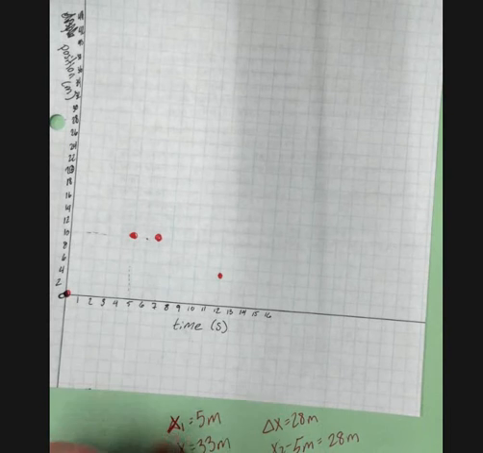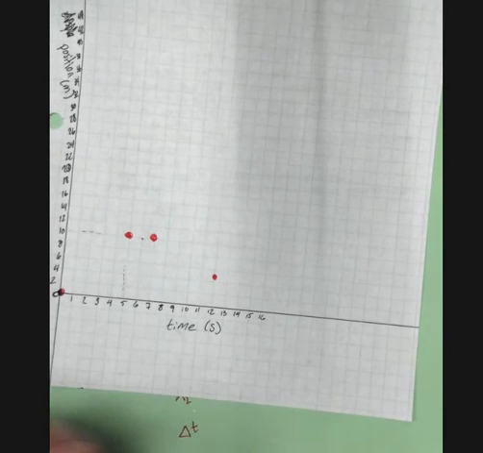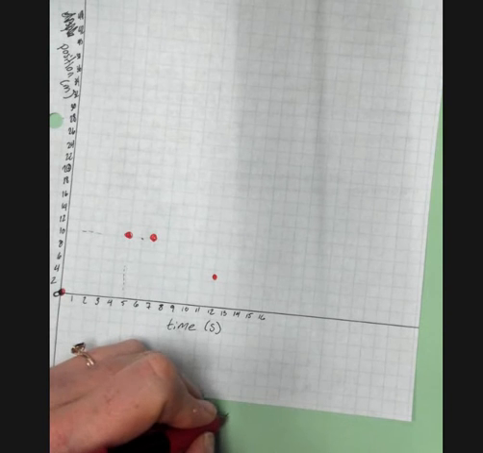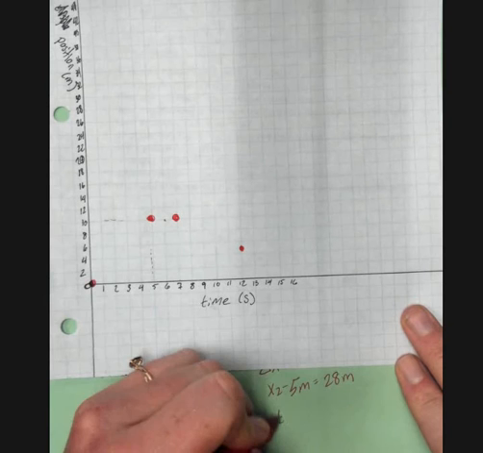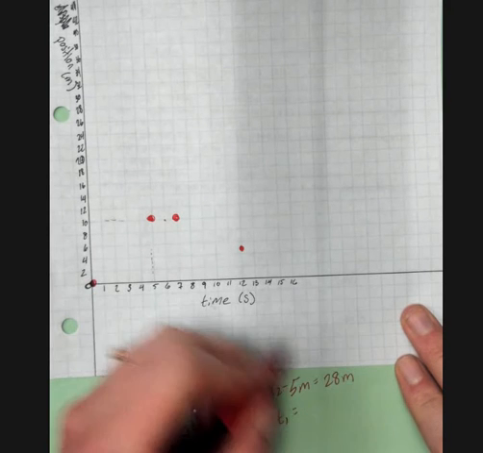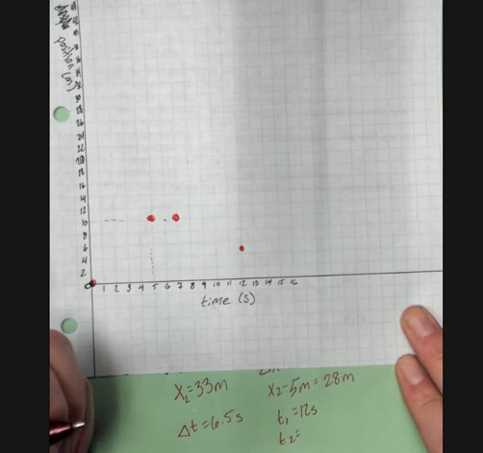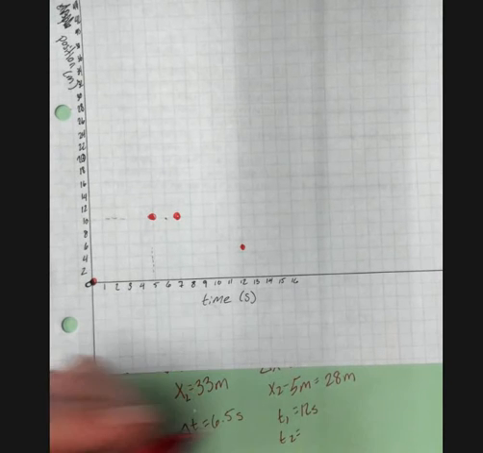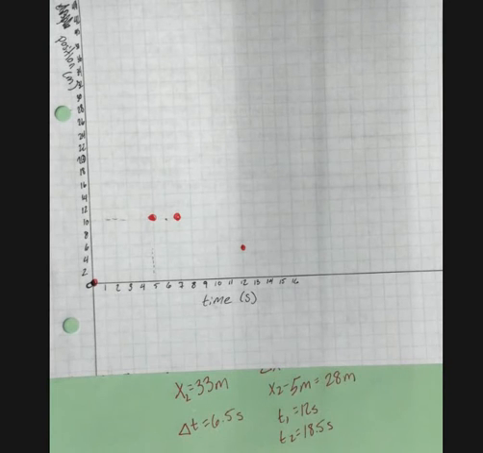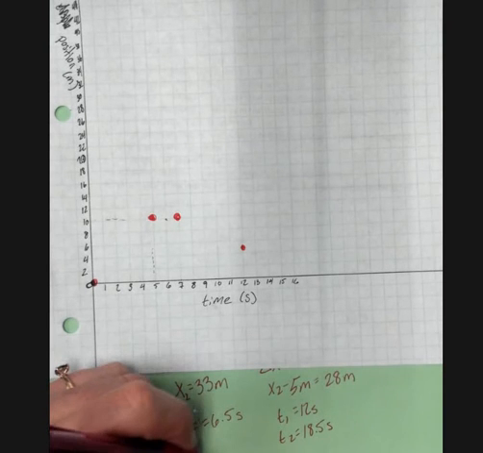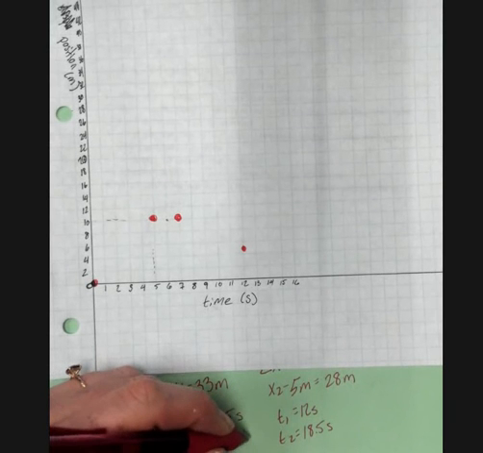Now let's consider your time. Your change in time, or the time that has elapsed, is 6.5 seconds. Your T1 in this situation was 12 seconds. Your T2 then has to be 18.5 seconds in order for your delta T to be 6.5 seconds. 18.5 seconds minus 12 seconds equals 6.5 seconds.